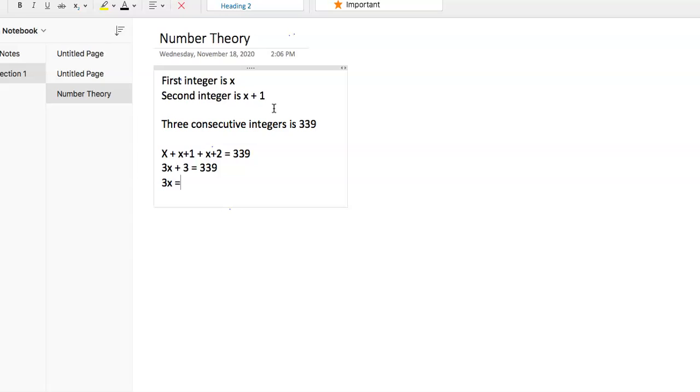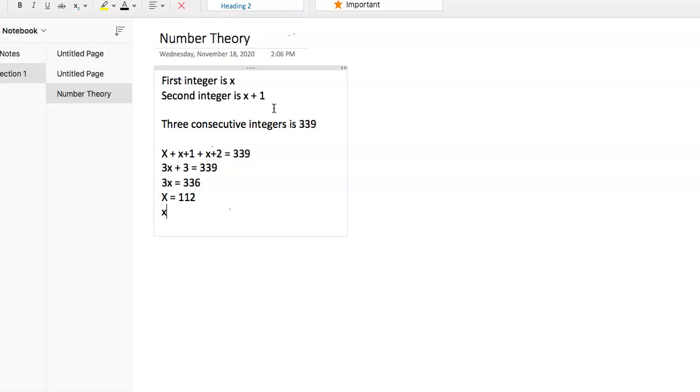Subtract 3 from each side. 3x is 336. Then you just divide each side by 3, and x equals 112. And then don't forget that there were 3 integers, right?